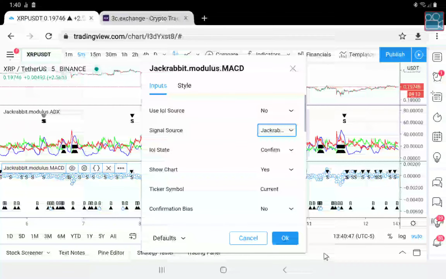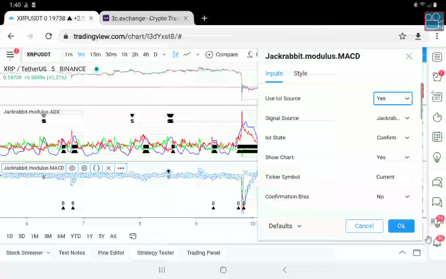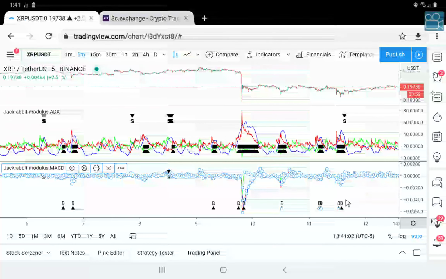So I'm going to use the ADX signal line. I'm going to tell it yes. And now you have lineups a little bit easier.